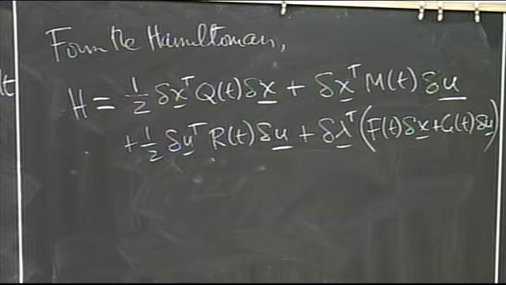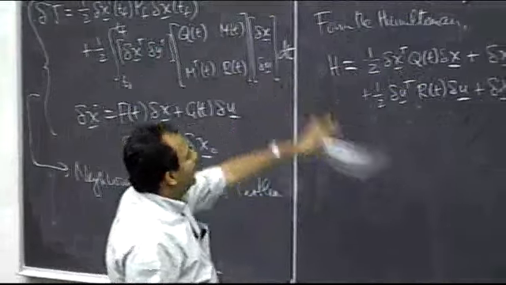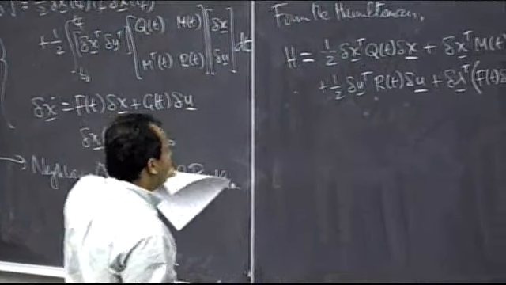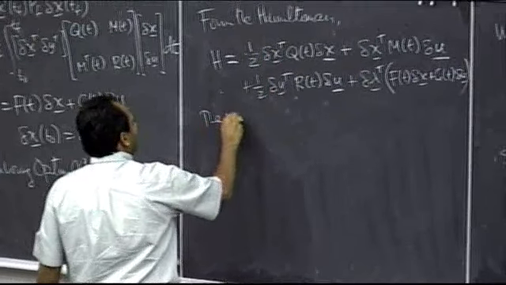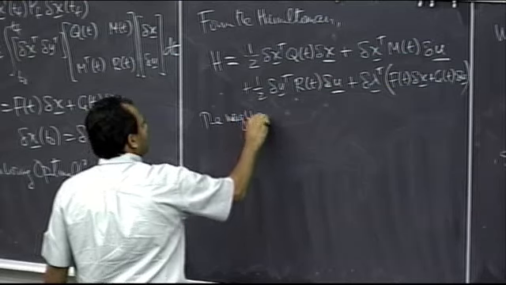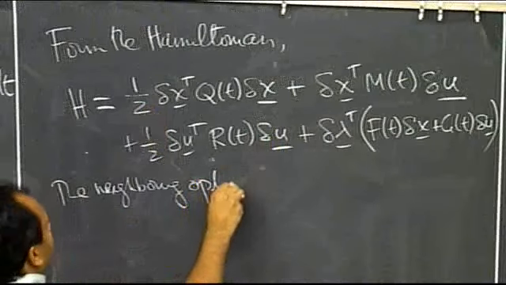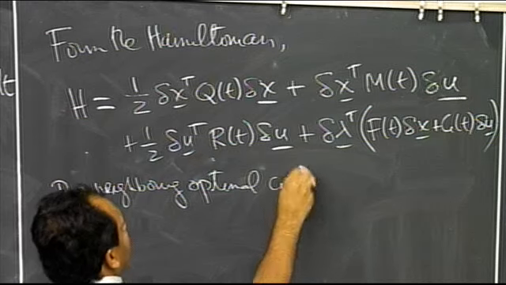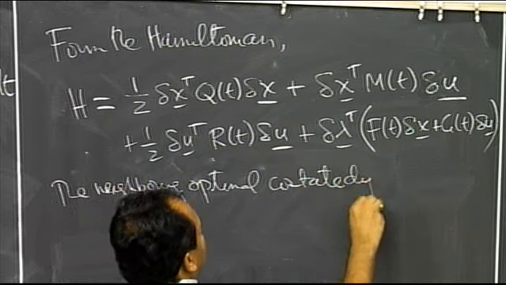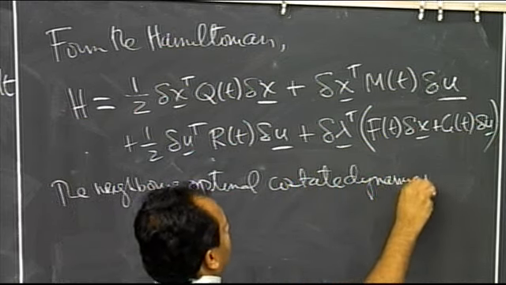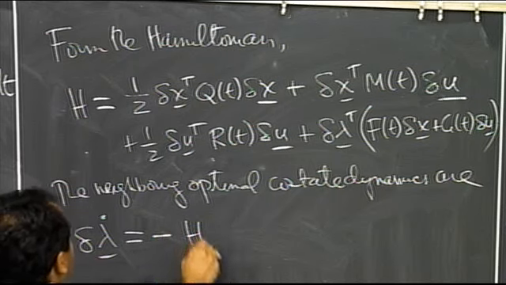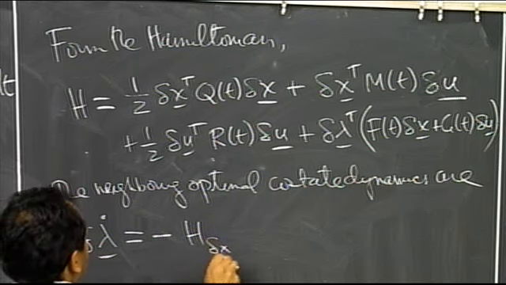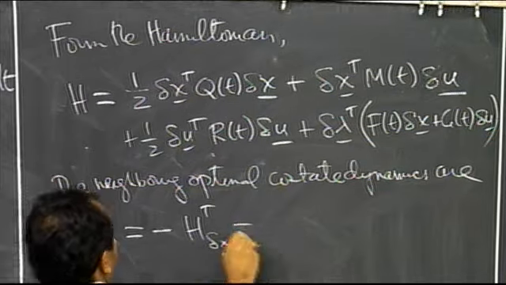So now I need to determine the optimality conditions for this problem. The first thing I'm going to do is the costate dynamics. The neighboring optimal costate dynamics are delta lambda dot is equal to minus H_delta x transpose, which is equal to what?